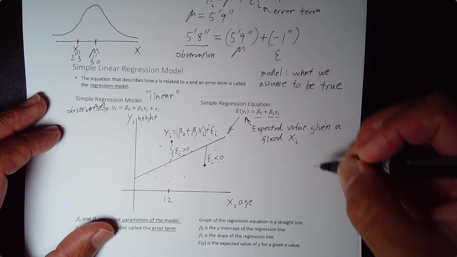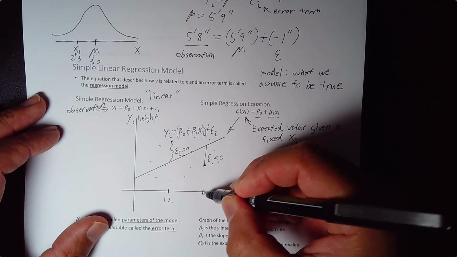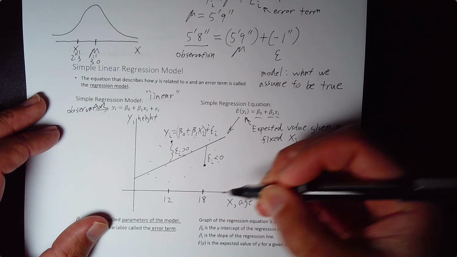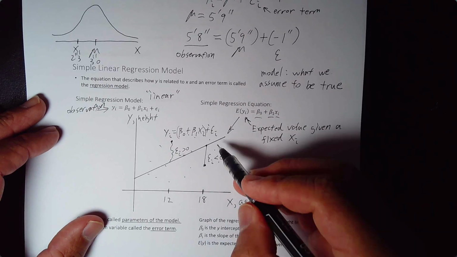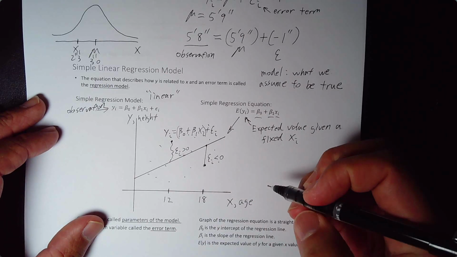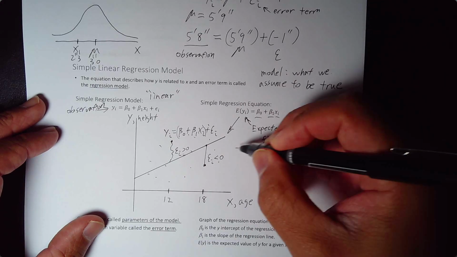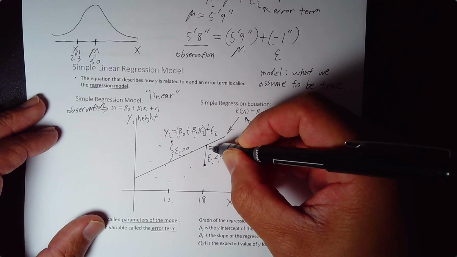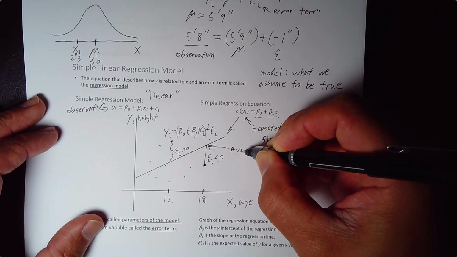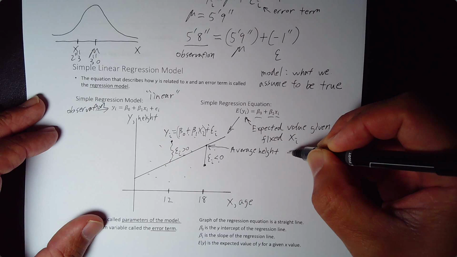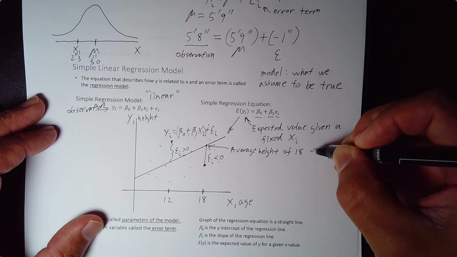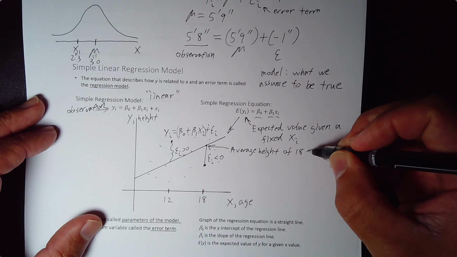So for example, let's say that here is a bunch of 18-year-olds. Then this point here, on the line, will be the average height of the 18-year-olds. So let's say this point here will be the average height, or the expected height, of 18-year-olds.